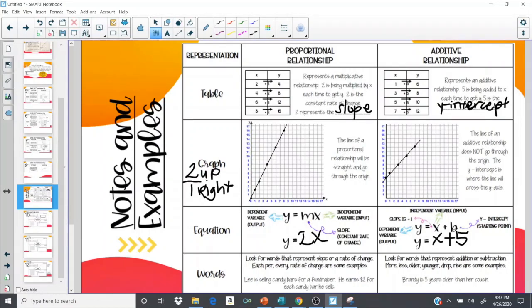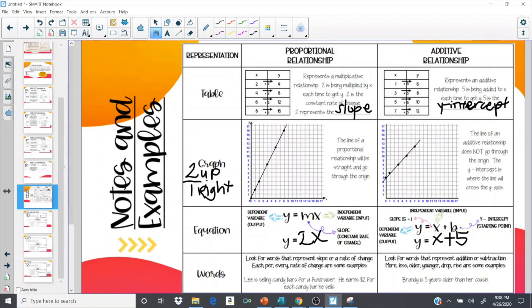Okay, so lastly, we are going to compare verbal descriptions, what a verbal description looks like for a proportional relationship versus an additive relationship. For a proportional relationship, you're going to look for words that represent slope or rate of change. So words like each, per, every, rate of change are some examples. An example is: Lee is selling candy bars for a fundraiser.